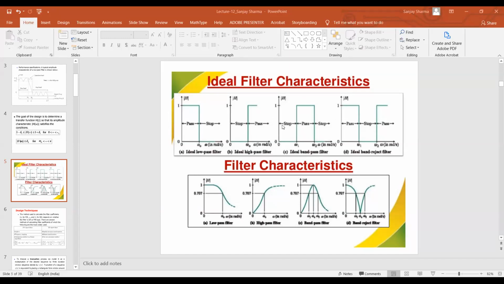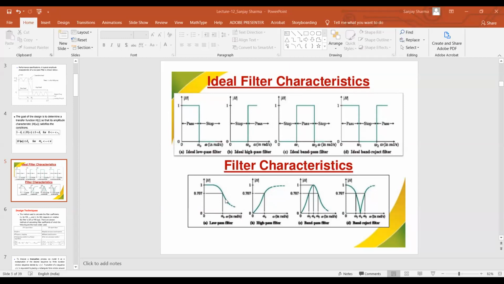We want actually these types of characteristics, but in practical cases there is no sudden fall from the pass band to the stop band. Actually, it takes some time. So these are the actual filter characteristics. Going from the pass band towards the stop band, it takes a certain roll off. There is not a sharp edge, you know.